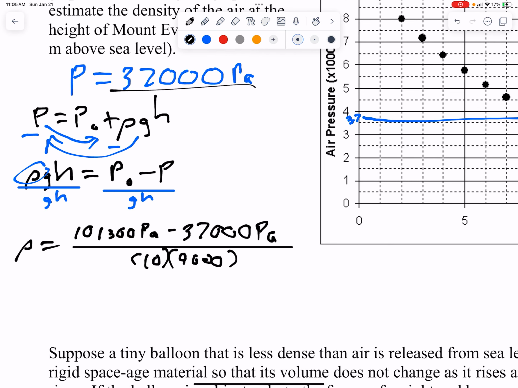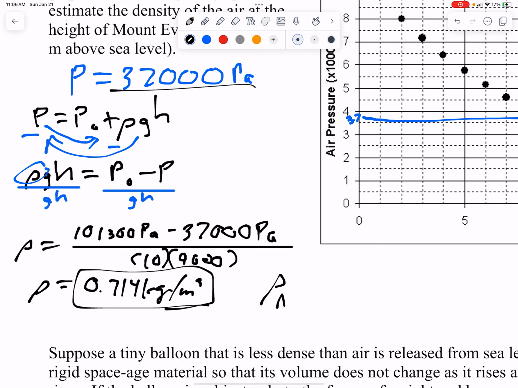So what we're doing is taking 101,300 in our calculator, subtracting 37,000, and then dividing by 90,000, and you will get a density of about 0.714 kilograms per cubic meter. Now, why does that make sense?